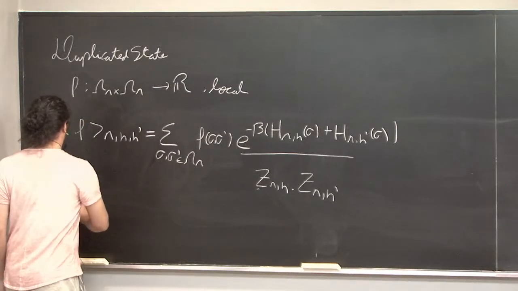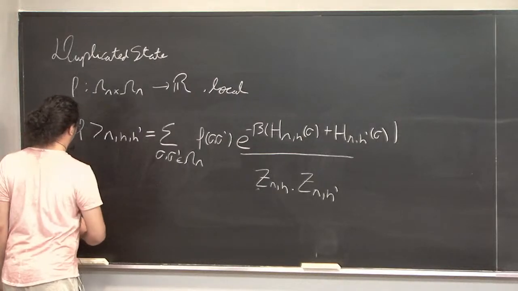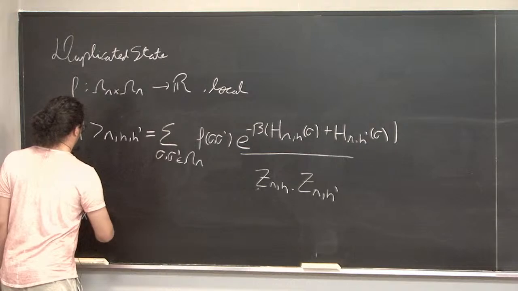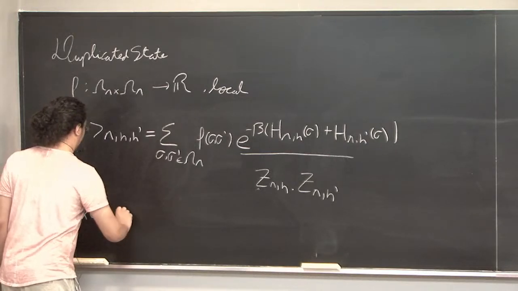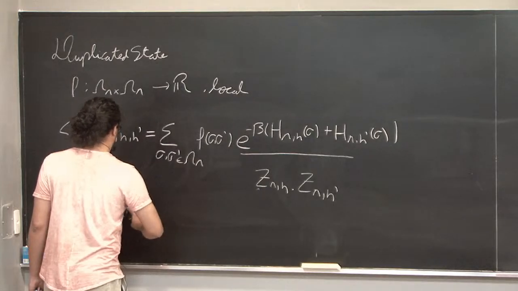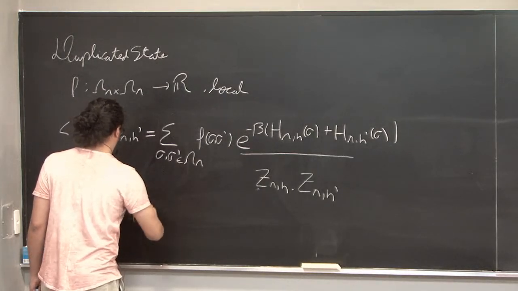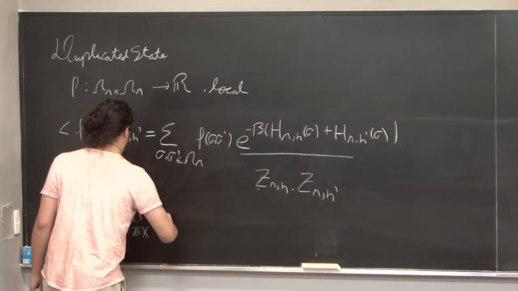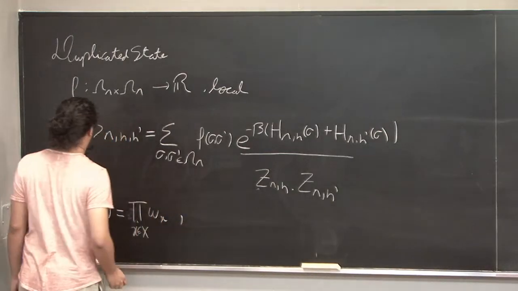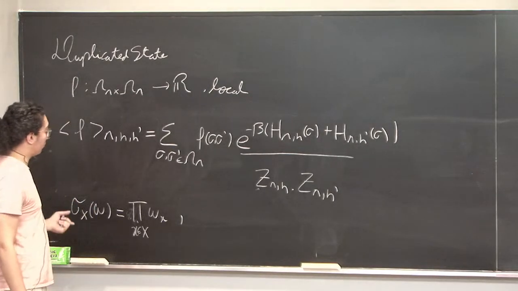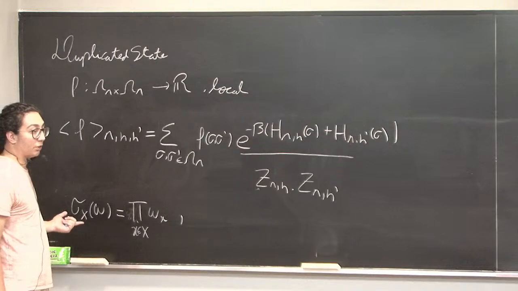The local function we want to study, for example, sigma of x, is defined like this: sigma x is the product over x in X of omega x. So this is one example of a local function we had before, right?